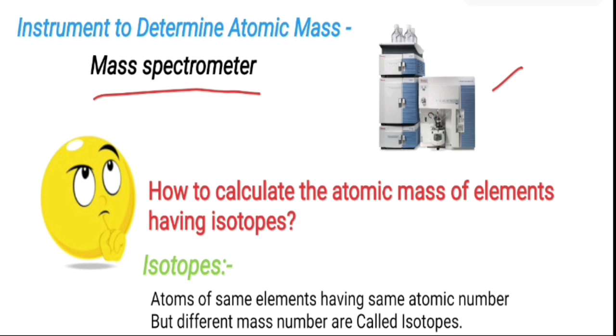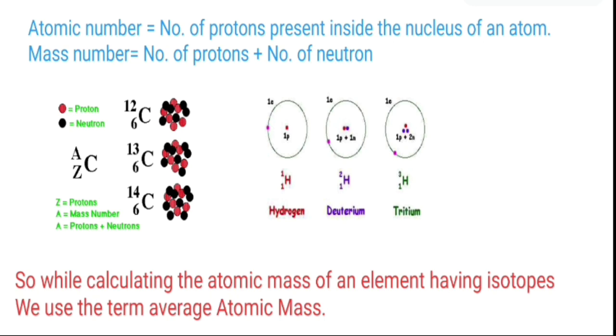What are isotopes? Isotopes are atoms of the same element having the same atomic number but different mass numbers. What is atomic number? Atomic number is the number of protons present inside the nucleus of the atom. And what is mass number? It is the number of protons plus the number of neutrons.